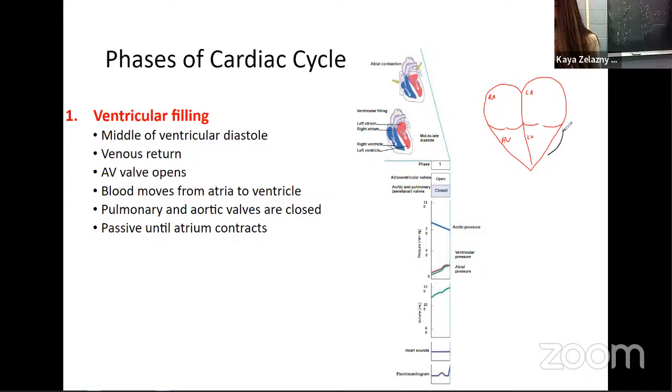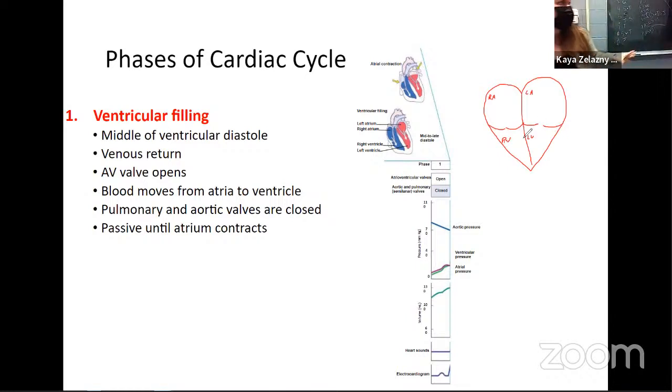So we're thinking about the cardiac cycle with respect to the ventricles and their contraction and relaxation. So we're going to focus on our left ventricle as kind of what we're thinking about when we put these phases of the cardiac cycle in order. Okay, so our first phase is when that ventricle is filling with blood, right? So we start the cardiac cycle as the ventricles fill with blood.